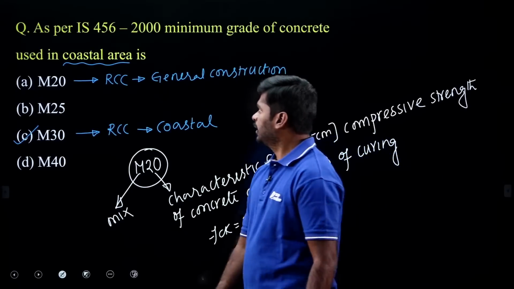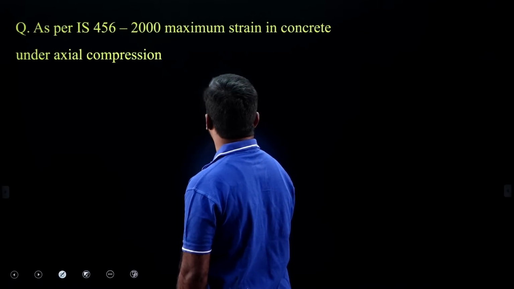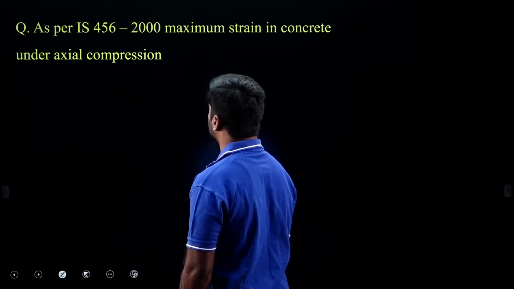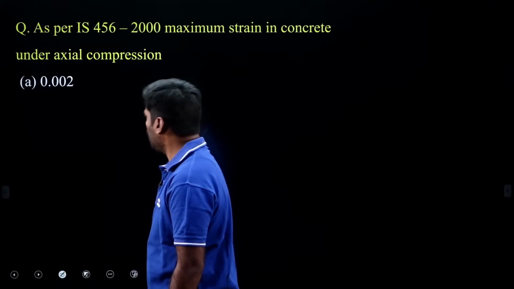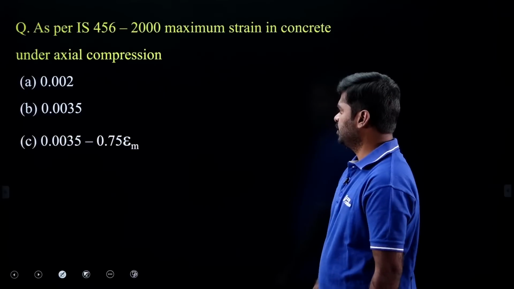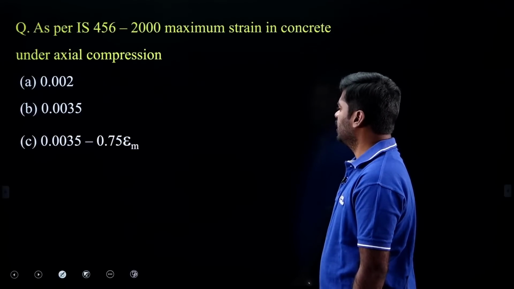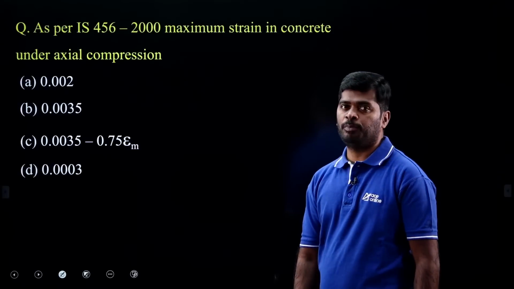Right. The next question. As per IS 456-2000, maximum strain in concrete under axial compression, my dear, they are asking under axial compression. Options given: A, 0.0002, B, 0.0035, C, 0.0035 minus 0.75 times epsilon m, D, 0.0003.